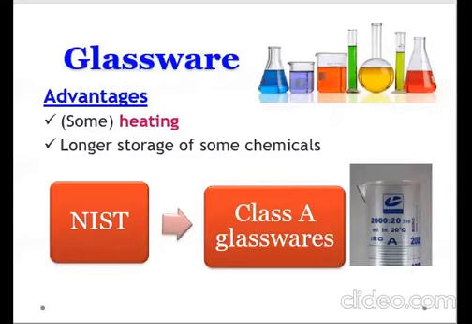Class B are used only for general purpose work. Okay, so they are calibrated to a lower level of accuracy compared to Class A. So, when talking about glasswares, it is better to use Class A. Okay, so that's it.